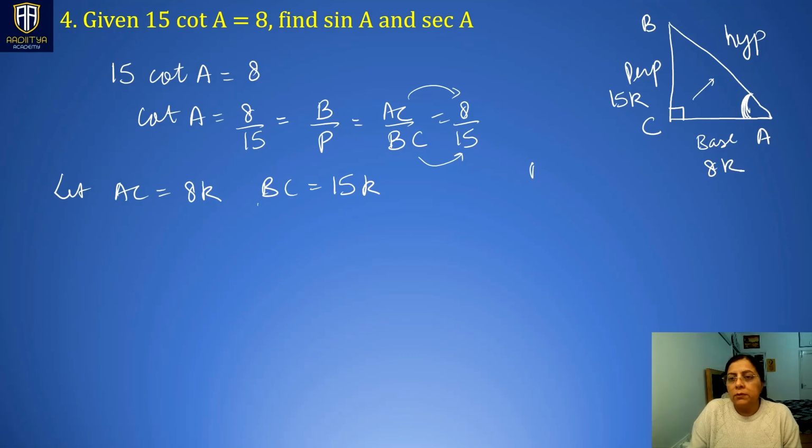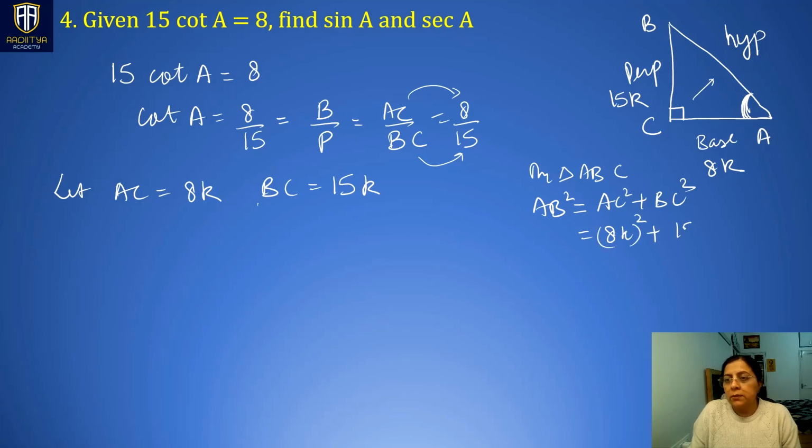So in triangle ABC, AB square is AC square plus BC square. AC is 8K, so 8K whole square, and BC is 15K whole square.